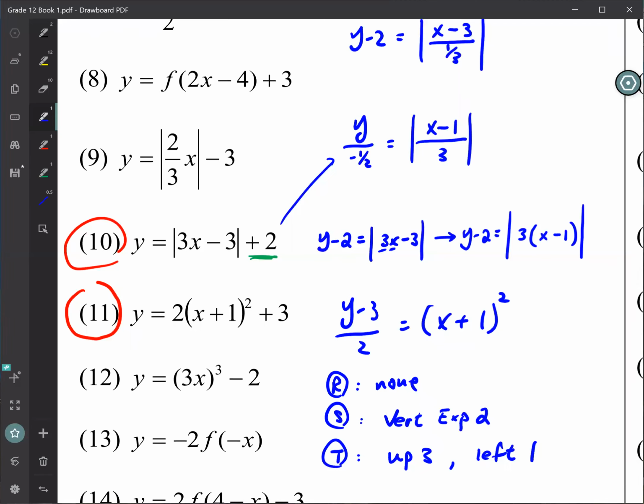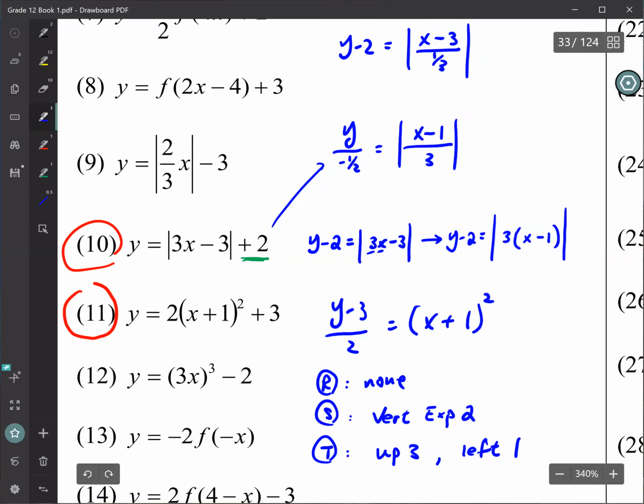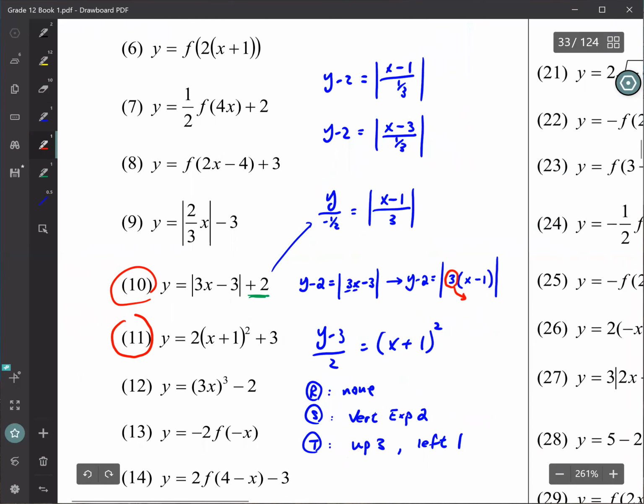So you factor the 3 means you divide by 3 for both of the terms. And then finally, you need to move the 3 under. Remember, when you move a number under, you need to reciprocal it. So therefore, once it goes under, it will become this one. Okay, so we'll go there.